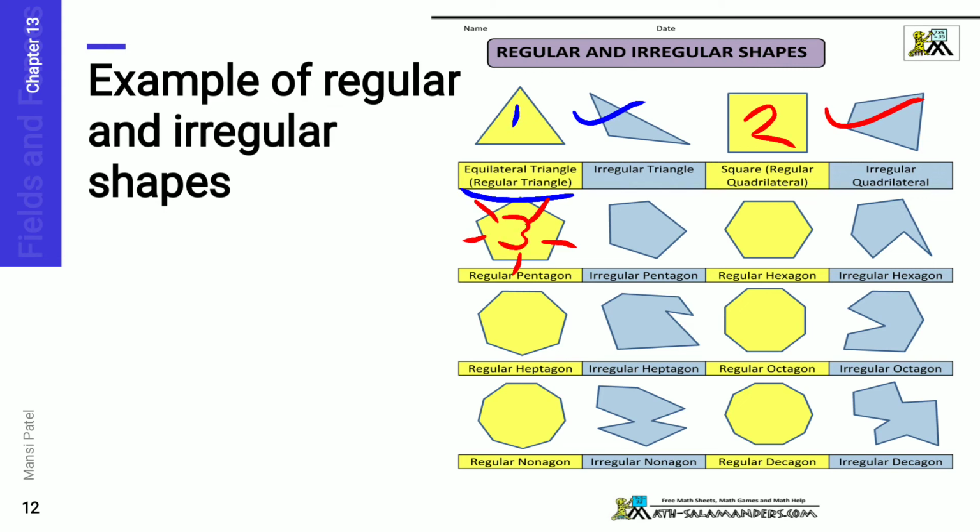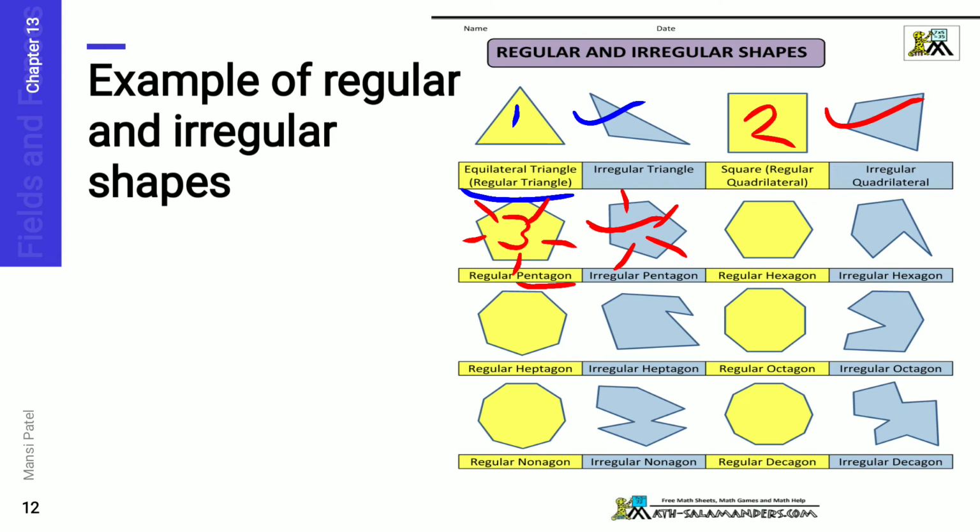So the polygon which has five sides is known as a pentagon. And before pentagon we are using the word regular, which means all the sides of this pentagon are the same. Whereas in the other one, this shape also has five sides, 1, 2, 3, 4 and 5, but they are all different in length, so it is known as an irregular pentagon.